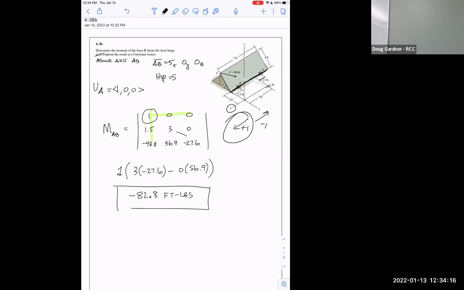Now, because this is +Z, this is +Y, and this is +X, then the length version of AB as a vector would be +7 for X, +4 for Y and -2 for Z.